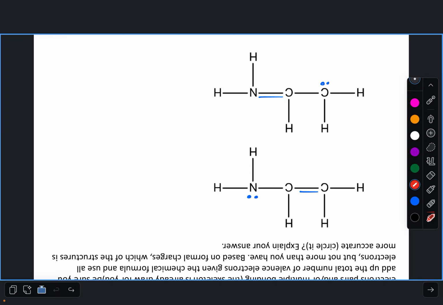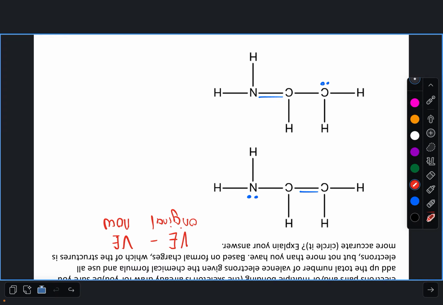Okay, so remember for formal charge, it's the original valence electrons minus the electrons it has now in the molecule. Okay, so first structure, I'm just going to go in order.